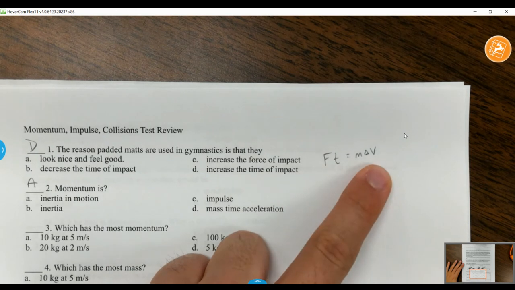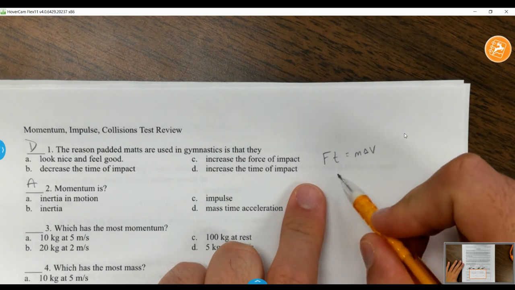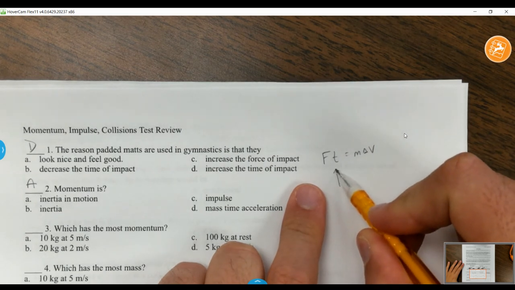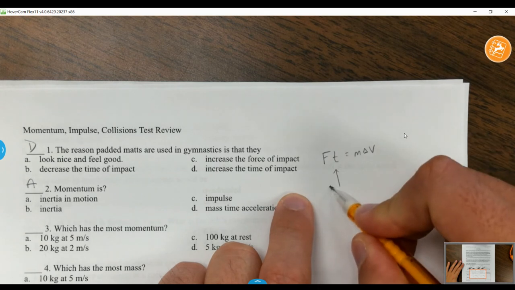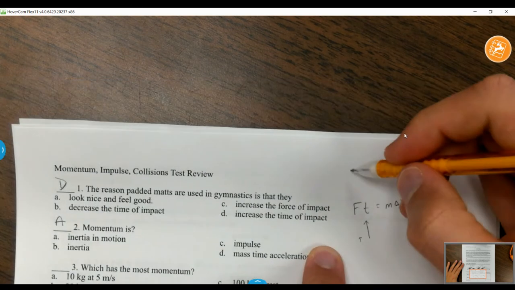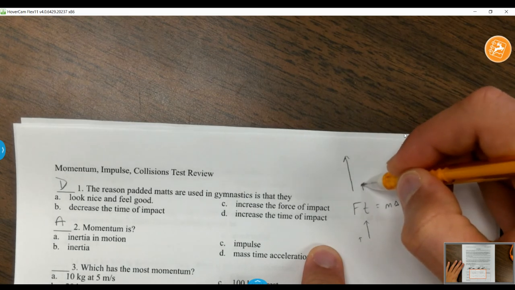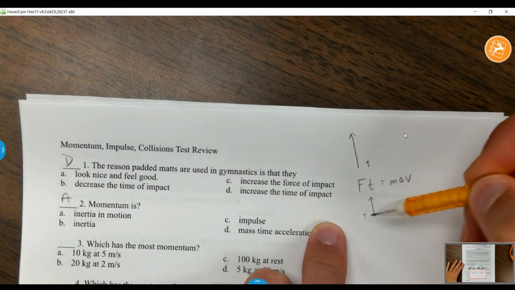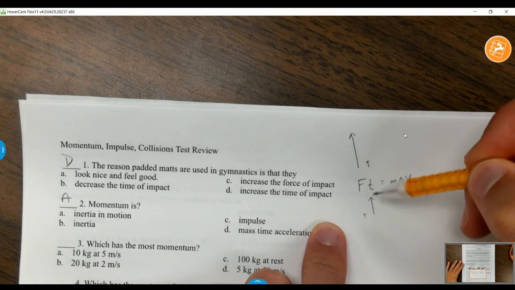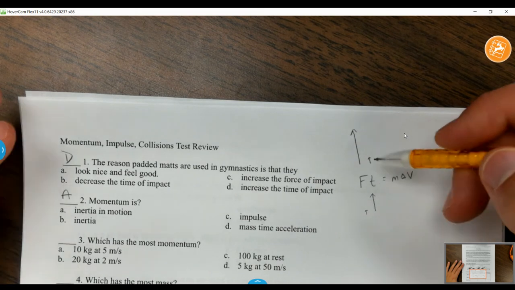The only way to change an object's momentum is to apply force to it for a certain period of time. If you have a large time, you're going to have a small force. But if you have a large force in a short period of time, ouch. So we are looking for answers where we're going to increase the time of impact.